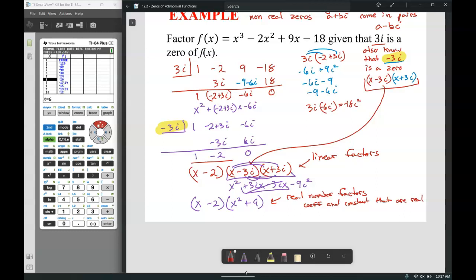So again, it just depends on what the question wants. If we're looking for linear factors, we're going to stick with those non-real values: x minus 2, x minus 3i, and x plus 3i. If we want factors to only include real coefficients and constants, then we need to make sure that we multiply those complex conjugates together.